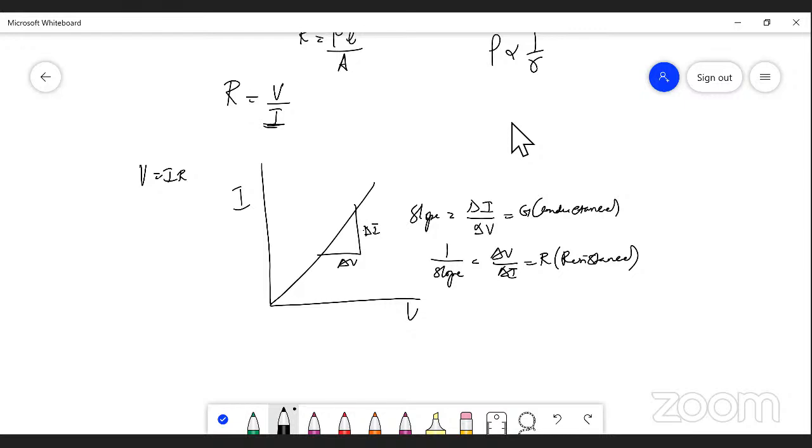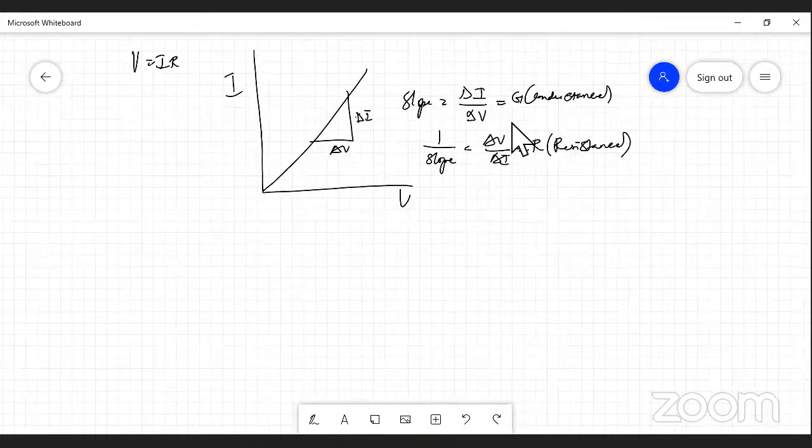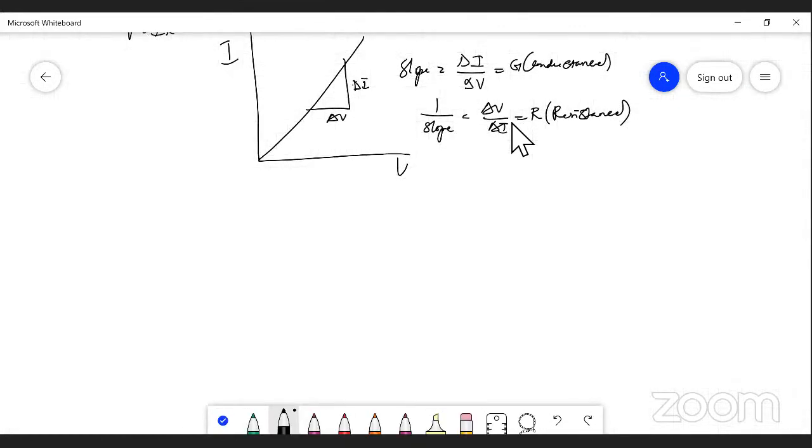Thus, we can say here, the materials or conductors which obey Ohm's law are said to be linear conductors of electricity.